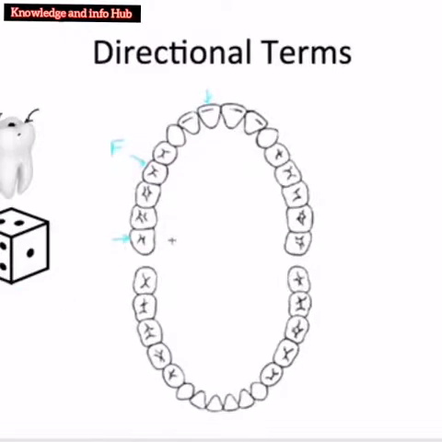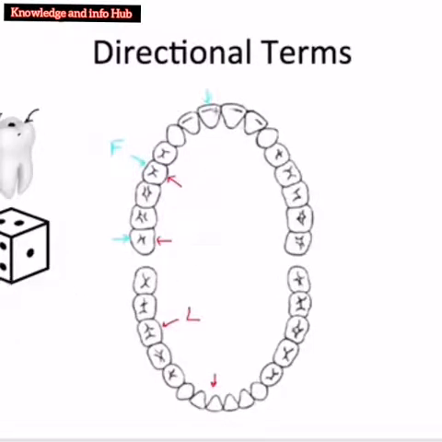And now if we talk about the back side, the side that is closest to the tongue, so this surface here, and the same for the lower, this surface here. These are all called the lingual surfaces. So L for lingual, which makes sense because lingua meaning tongue.